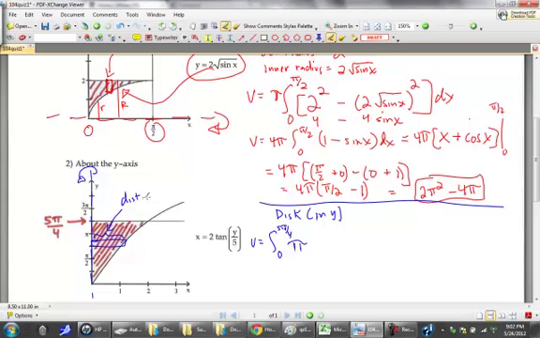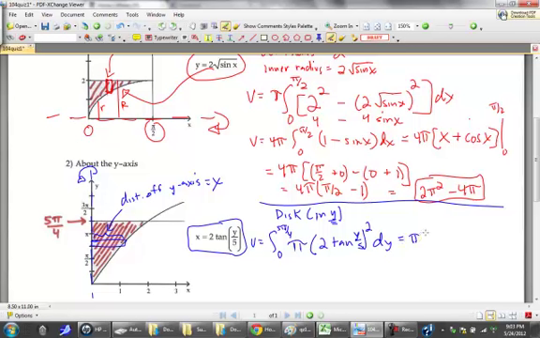Distance off the y-axis, we call that x. But your integral is in terms of y. Here's the formula for x in terms of y: we have 2 tangent of y over 5. We have the square. That's our radius. And we're dy.